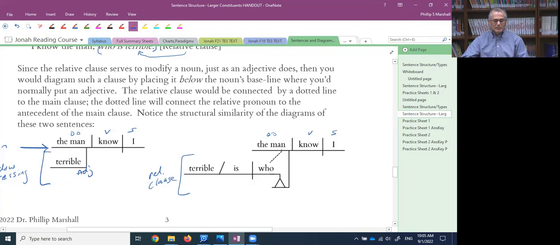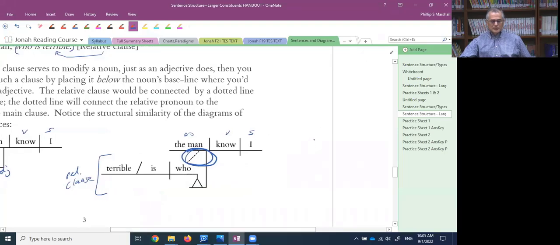Now, there's one other thing about relative clauses that you'll notice here. What's that dotted line doing? It's connecting the relative pronoun to the noun that's being modified. Do you remember in Hebrew, we talked about the head of a relative clause, and then we talked about the resumptive pronoun inside the relative clause.